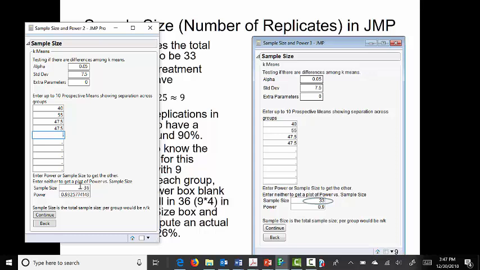If I get rid of this, put this back to 0.90, I'm still getting the 33. So again, I think it's easiest to put 0, 15, 7.5, 7.5. It doesn't matter as long as 2 of them differ by the difference you want to detect. The other 2 are right there in the middle. Then you have the exact same thing.